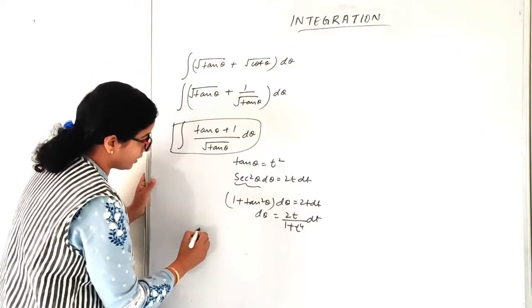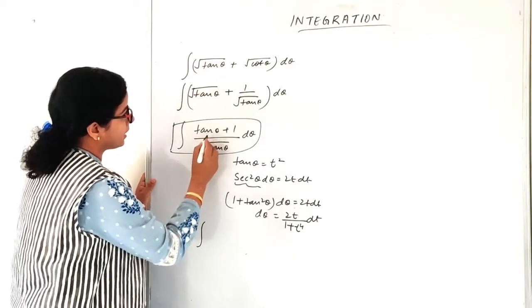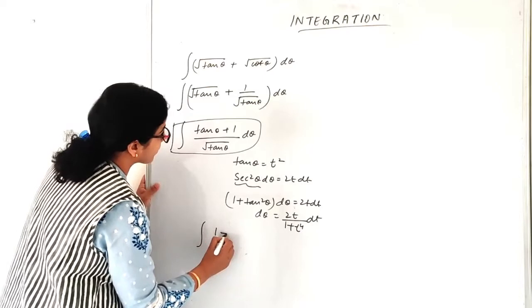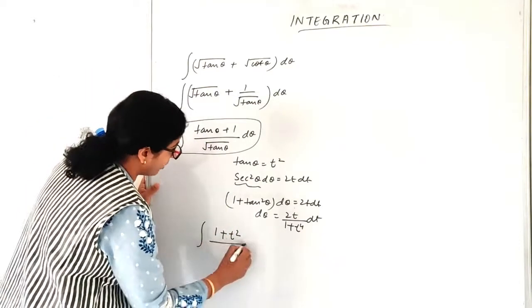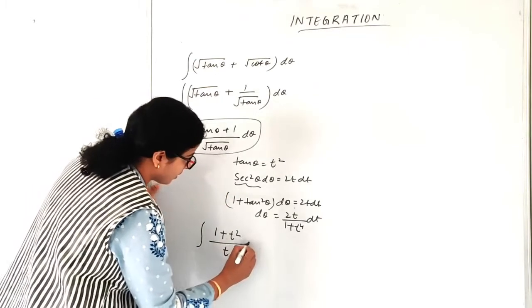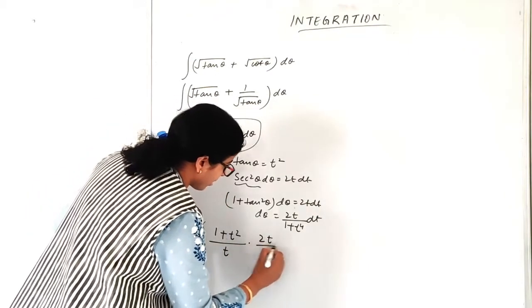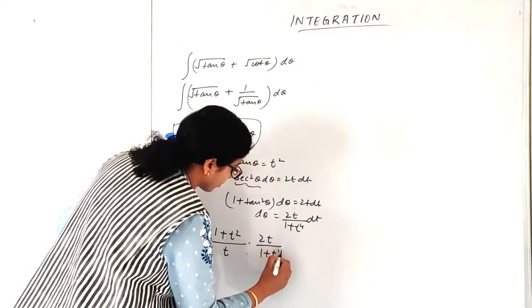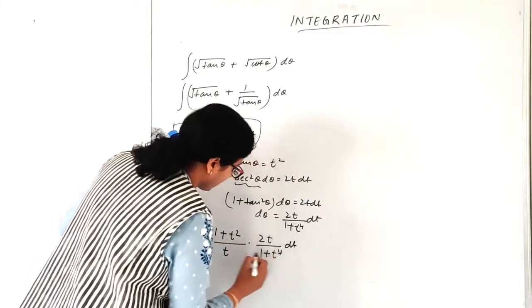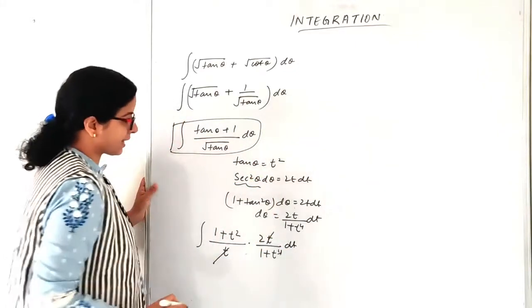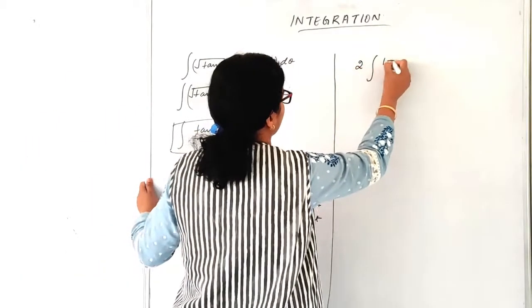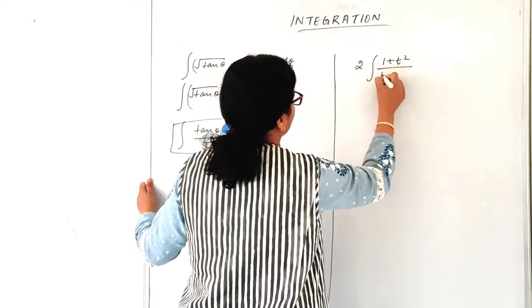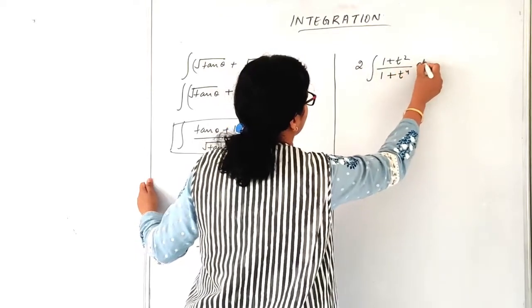So what I am left with, integration of (1 plus t square) upon t, into 2t upon (1 plus t^4) dt. This part will get cancelled. So I am left with 2 outside, (1 plus t square) upon (1 plus t^4) dt.